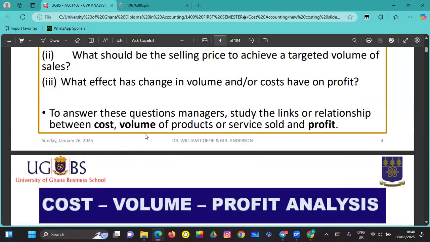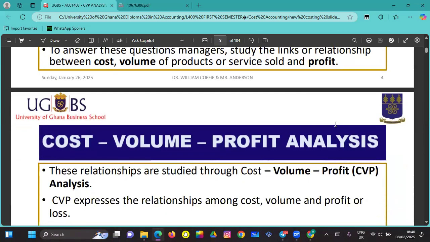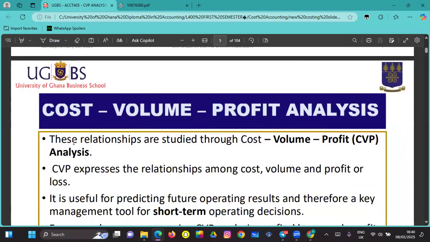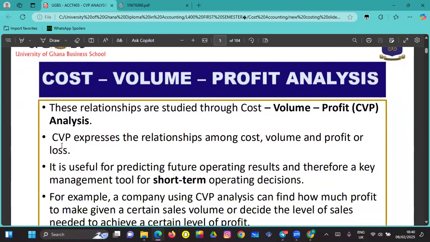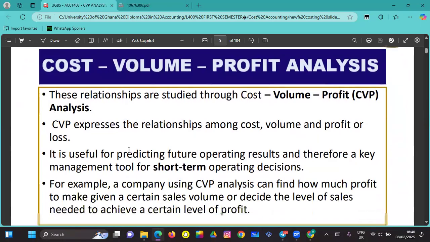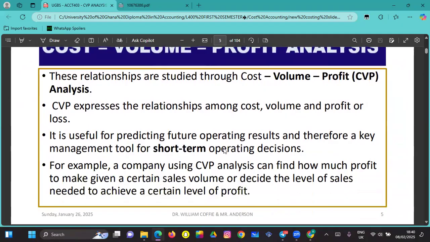To answer these questions, managers study the relationship between cost, volume of product or service sold, and the profit. These relationships are studied through cost volume profit analysis. CVP expresses the relationship among cost, volume, and profit or loss. It is useful for predicting future operating results, and is therefore a key management tool for short-term operating decisions.